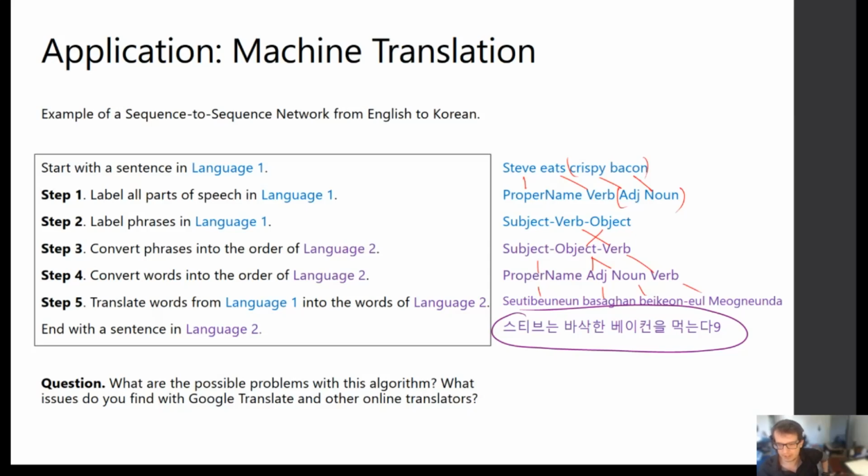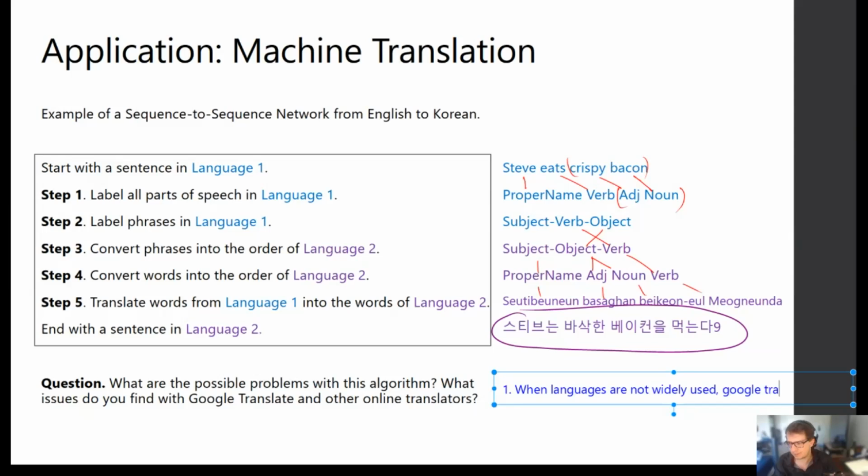So when I say, what are the possible problems with this algorithm? What issues do you find with Google Translate and other online translators? Well, first of all, I can kind of answer this for you. One, when languages are not widely used, Google Translate kind of sucks.